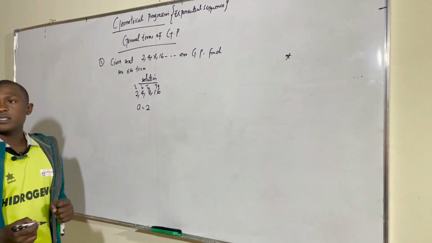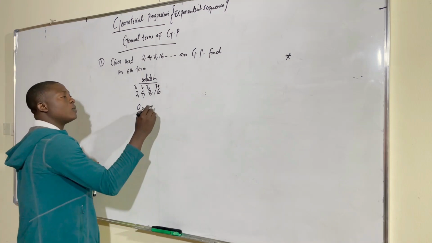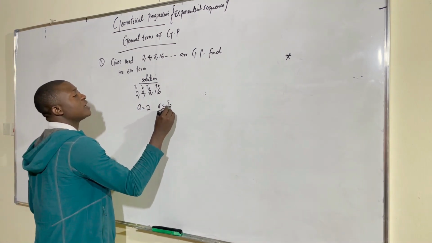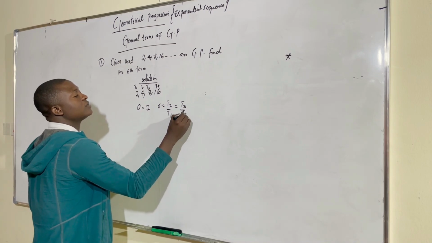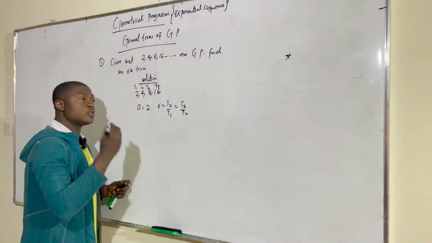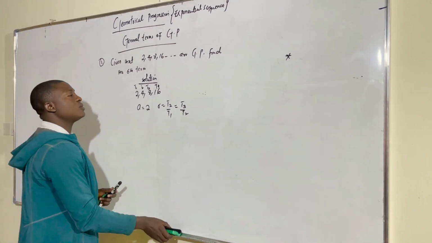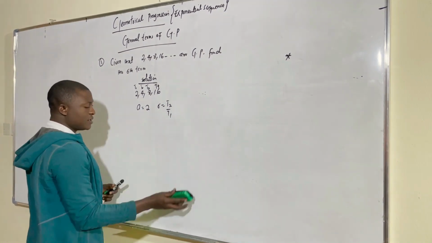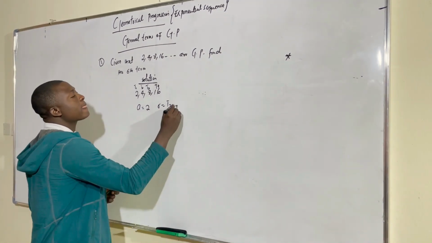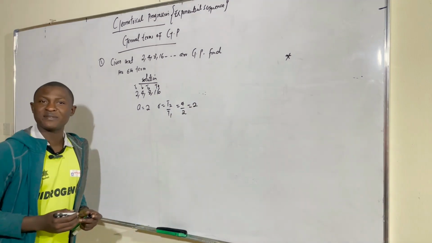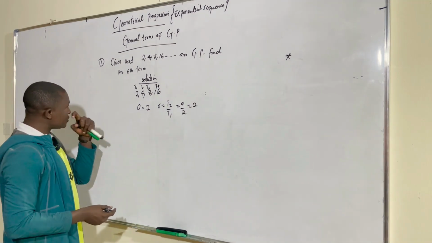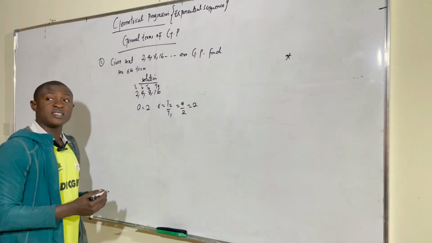Now I want to find the common ratio as well. I know the common ratio is the second term over the first term, or the third term over the second term; any of these you use, the sequence is going to satisfy the condition. So the second term is 4 divided by 2, then we are going to have 2. Now we are asked to find the 6th term. How can we write the 6th term?